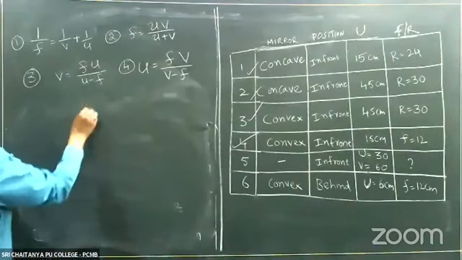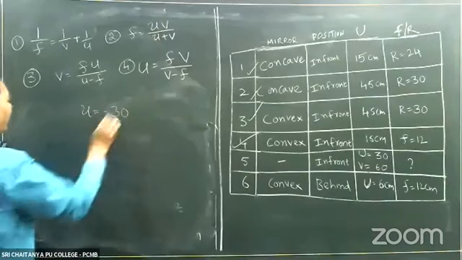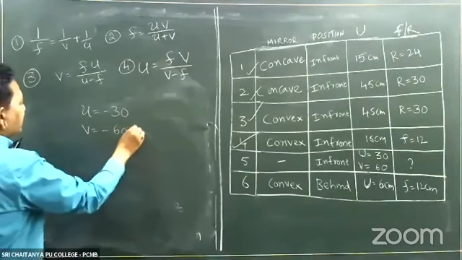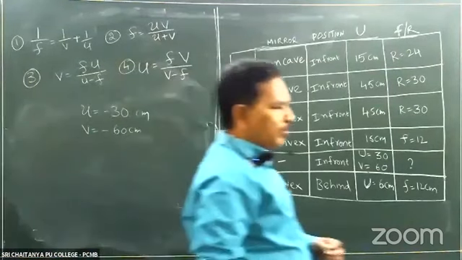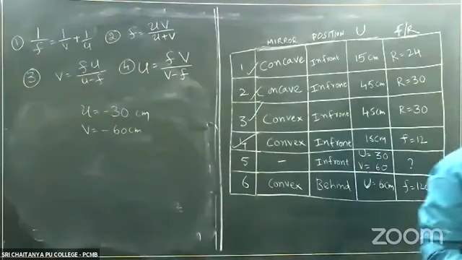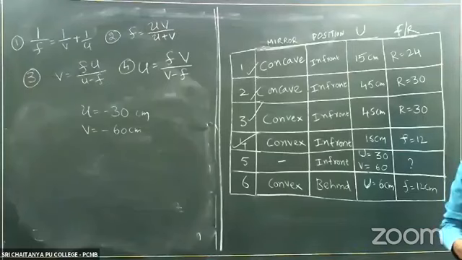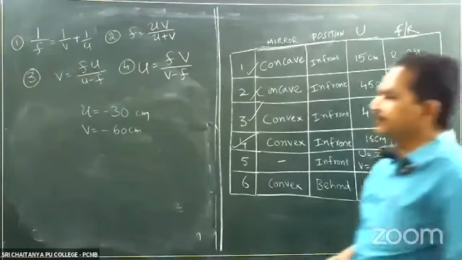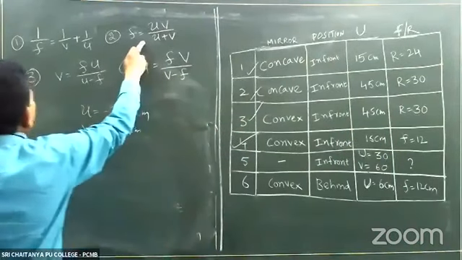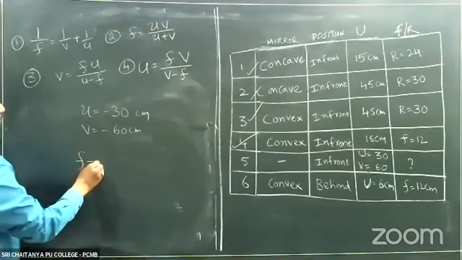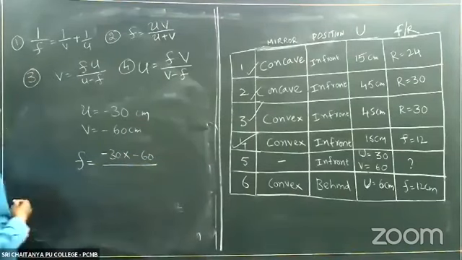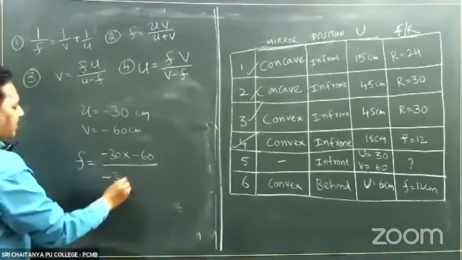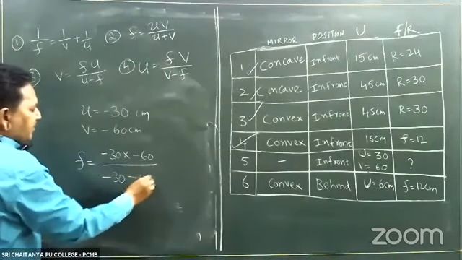So U is equal to minus 30, V is equal to minus 60. Both are behind the pole. Whether it is convex or concave, I don't know. Substitute in this formula. F is equal to minus 30 into minus 60 by U plus V, minus 30 minus 60.